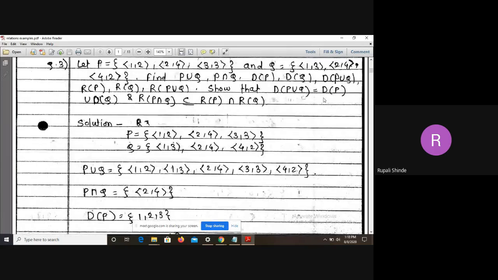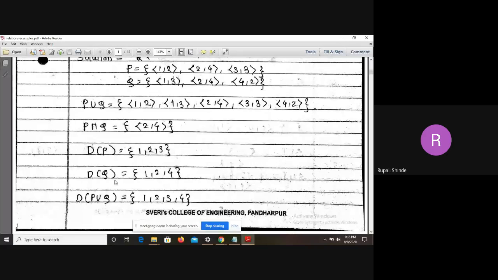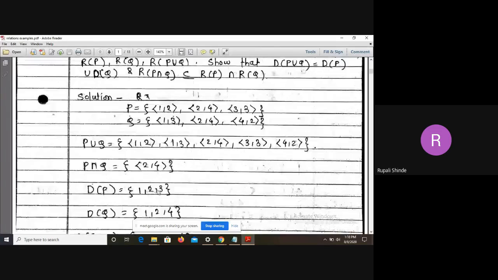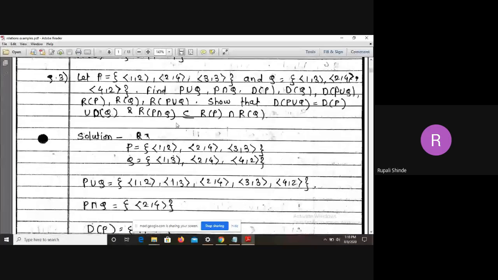Now, what is the answer for domain of P union domain of Q? It will give you 1, 2, 3, 4. So domain of P union Q is equal to domain of P union domain of Q. That we have shown now.